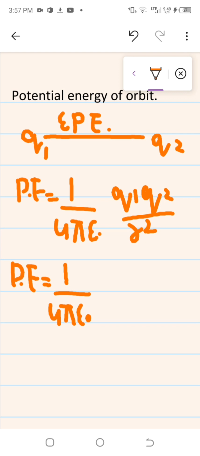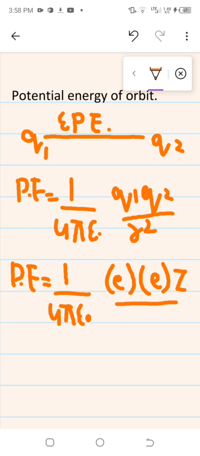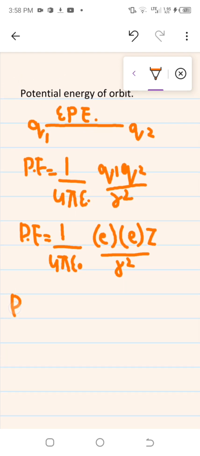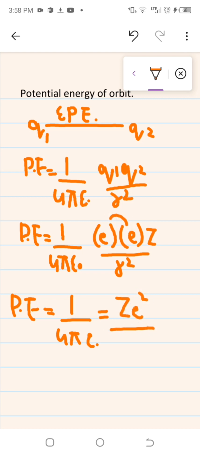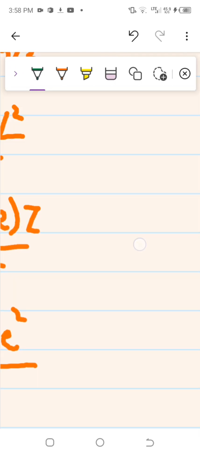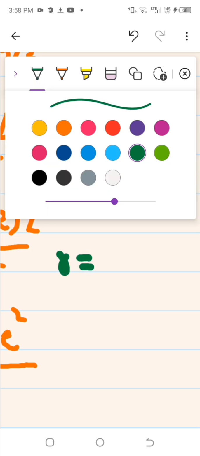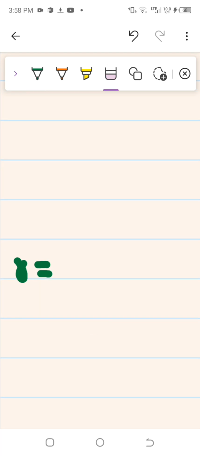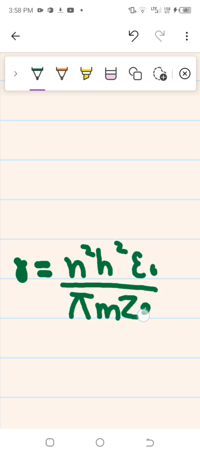Now for the charges we have the electron charge and Z e, basically the atomic number, divided by the radius R. As in the previous video we calculated the value of the radius, I can denote it as r equal to n square h square epsilon divided by pi m Z e square.